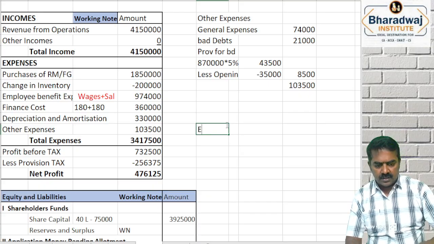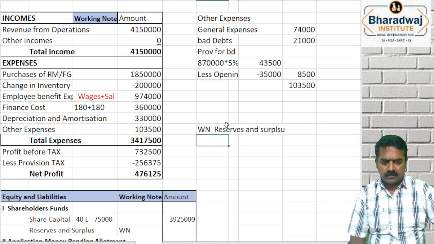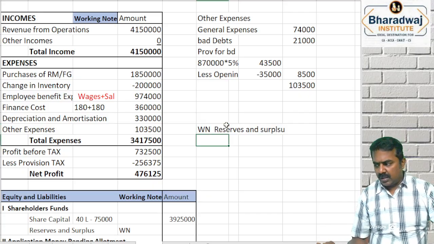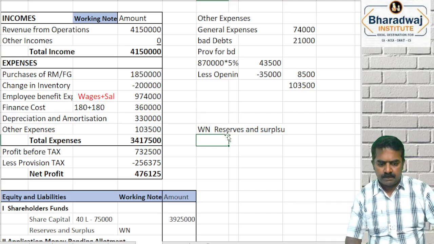Let us do the reserves and surplus working now. What all will come in reserves and surplus? Opening P&L 2,63,000.